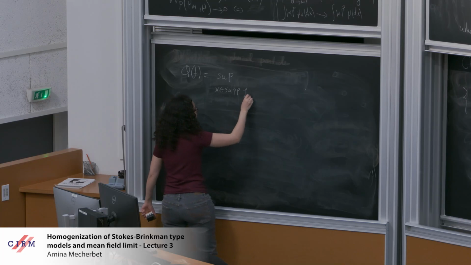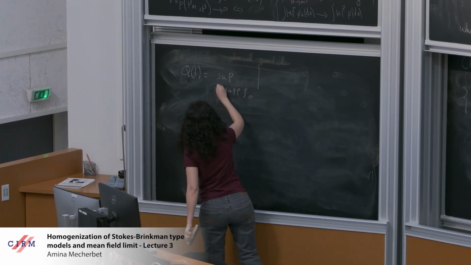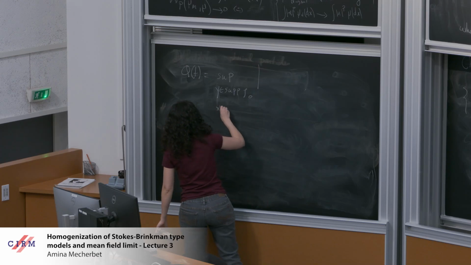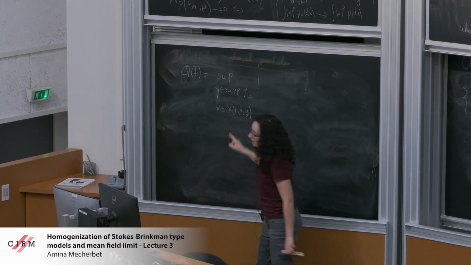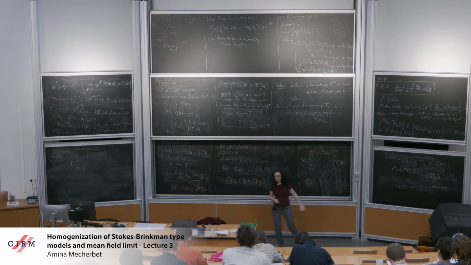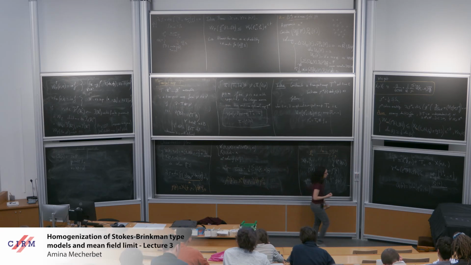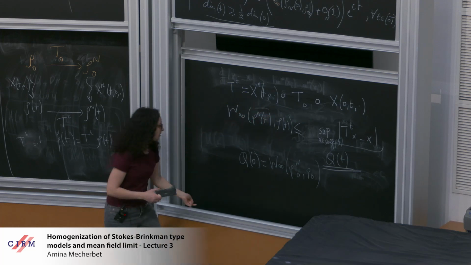But you see that if I use such a relation, this is the same as the sup, or at least is bounded by, so if I do a change of variable, let me call it y. If I use this change of variable over there, what you get is Tt circ X of t0.